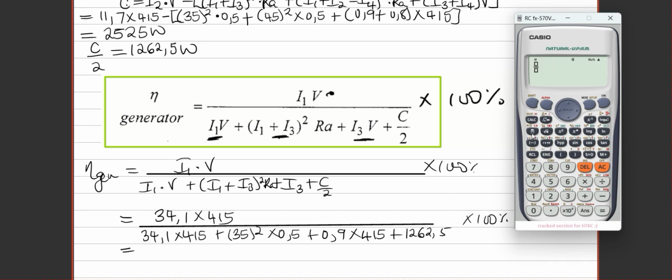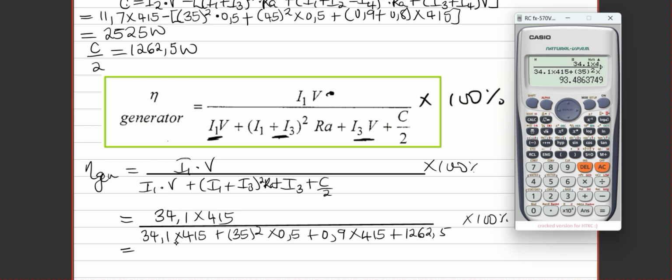So let's go. 34,1 times 415 over 34,1 times 415 plus 35 squared times 0,5 plus 0,9 times 415 times 100.